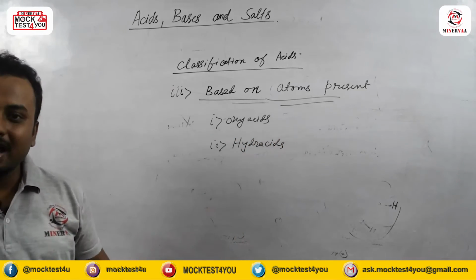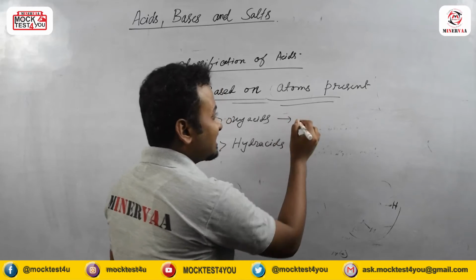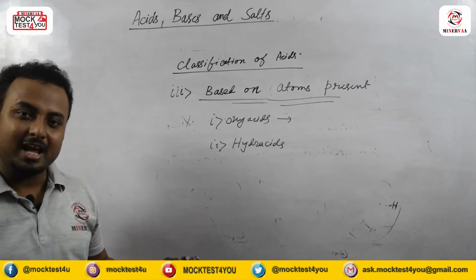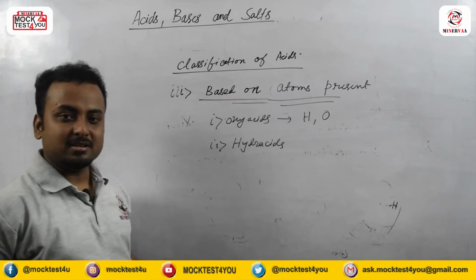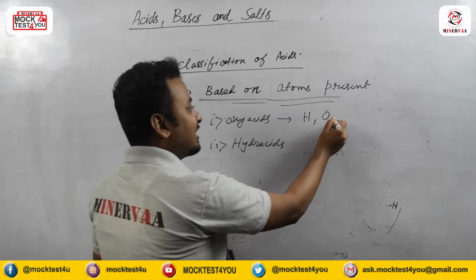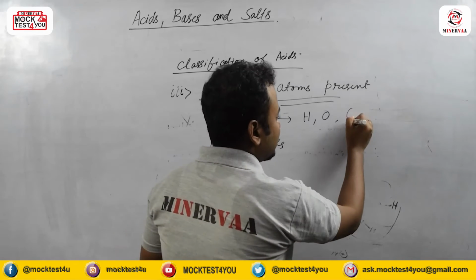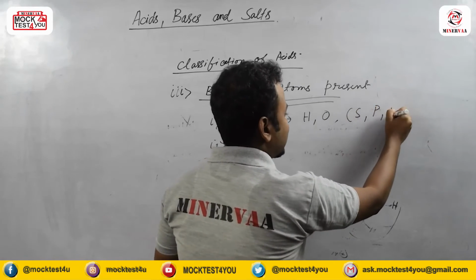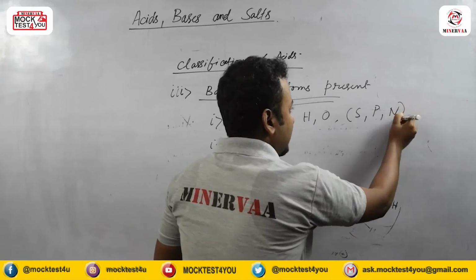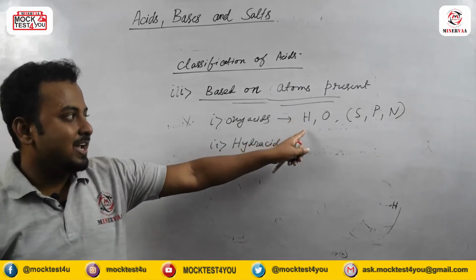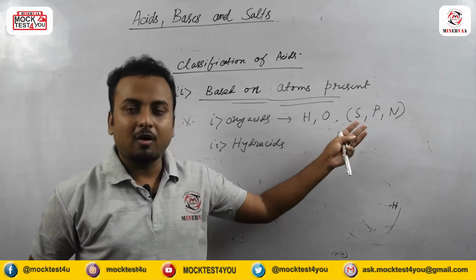So what are oxyacids? An acid is something which will always contain H plus. So H will be present, oxygen will be present, and another element will be present. It can be sulfur, it can be phosphorus, it can be nitrogen, any kind of element. So oxyacids contain H, O and one of these elements.